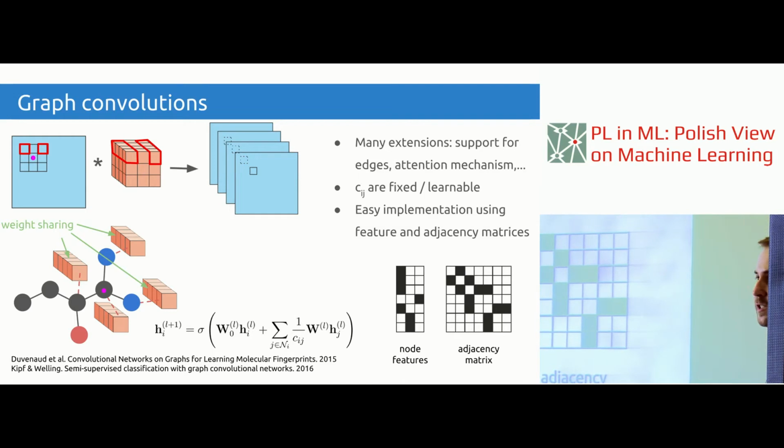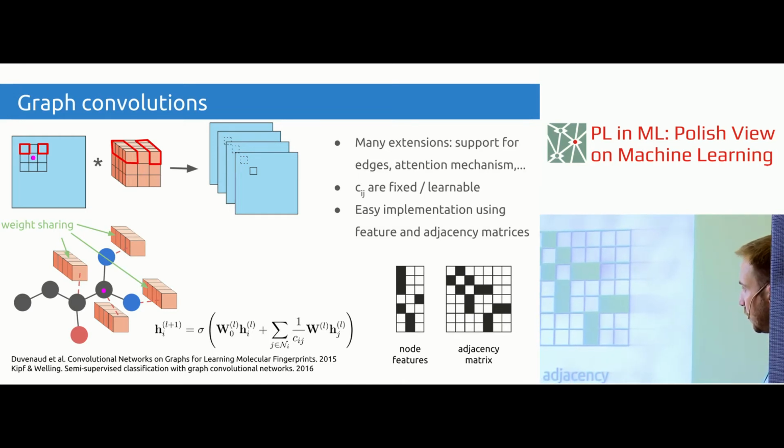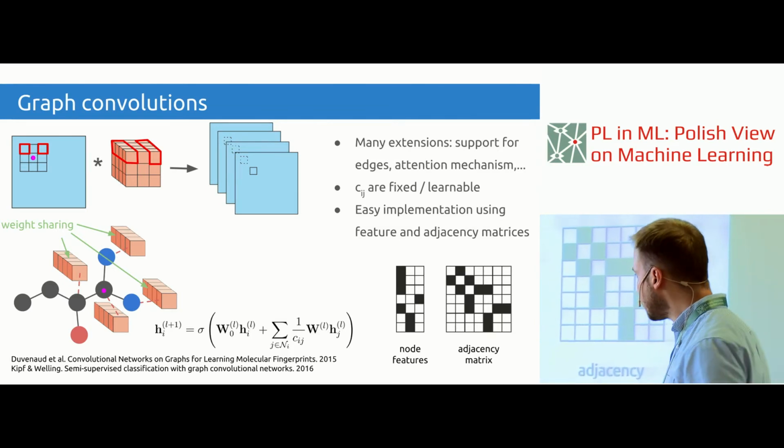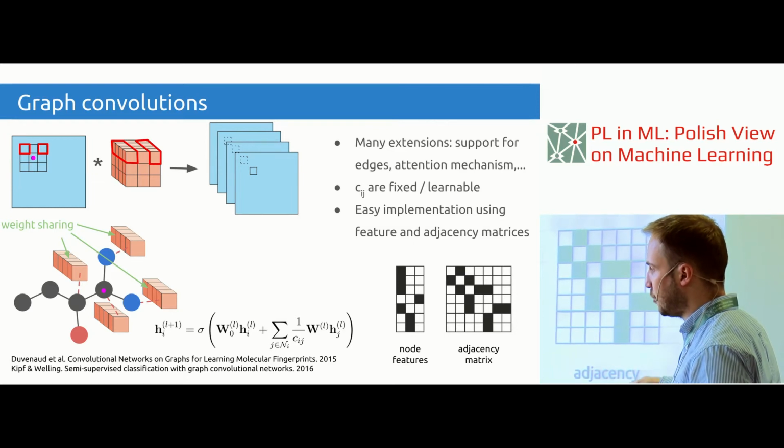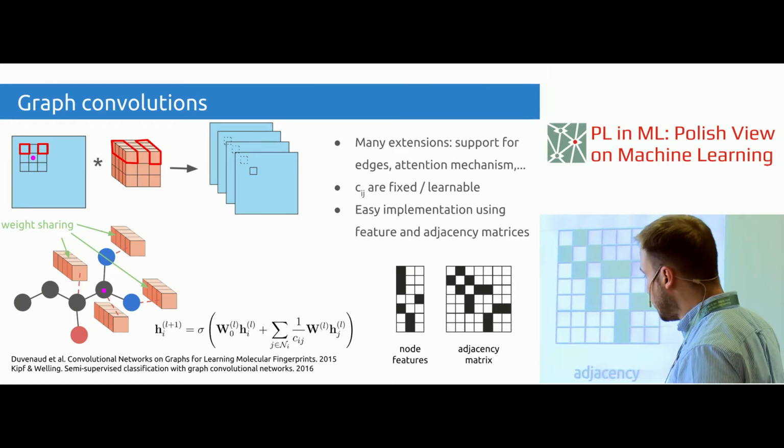Finally, you can easily implement this graph convolution using a node feature matrix and an adjacency matrix. Just to explain what these are, for the node features, let's imagine that we have 3 types of atoms: carbon, nitrogen, and oxygen. So you are just using one hot encoding.